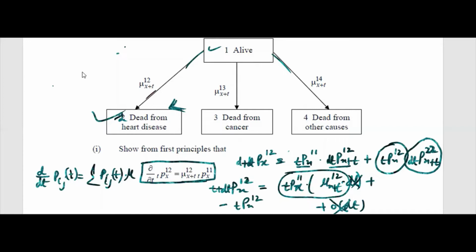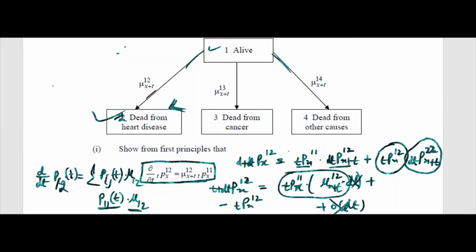So when you write this one, this Pxt 1 1 will come here, P11 t, and then mu. See, if you write 1 2 here, because I want 1 2 here, so this will be 1 1, 1 2, I left here. So P11 mu 1 2.